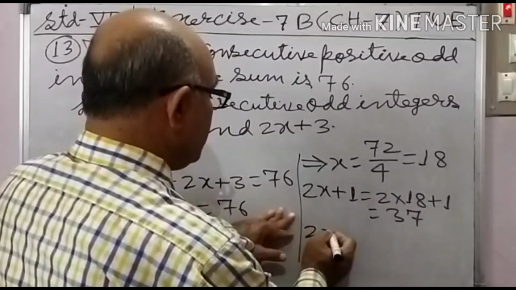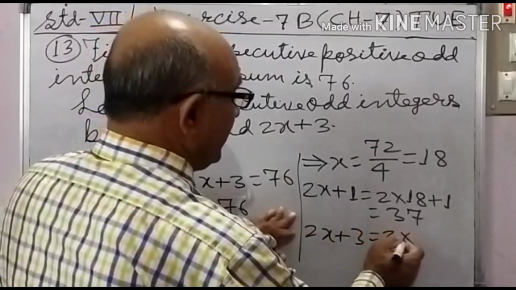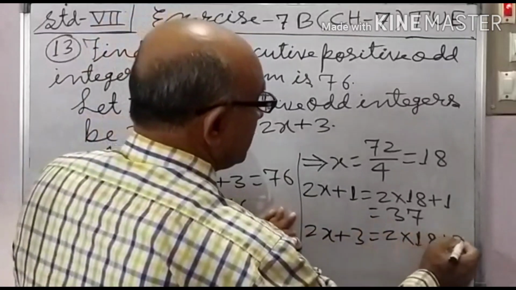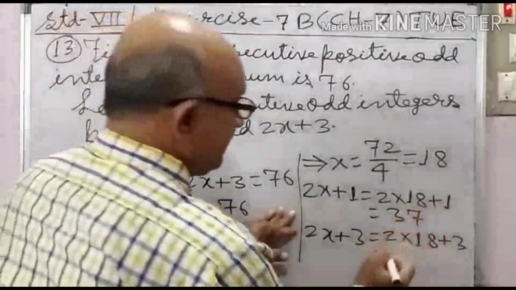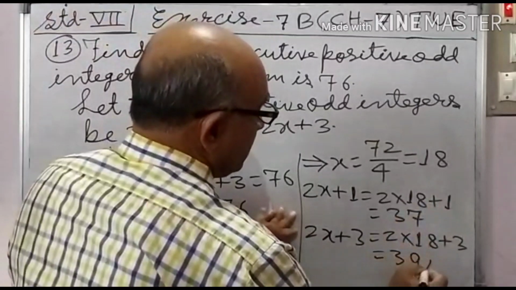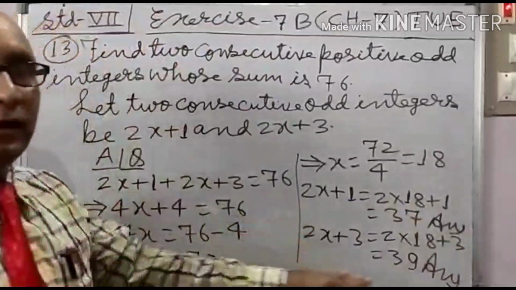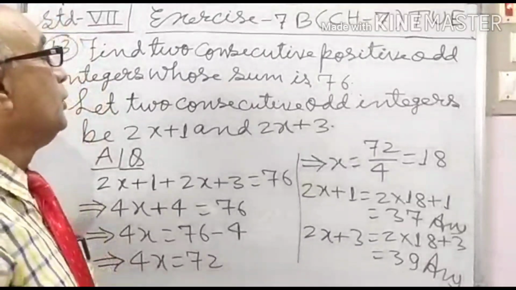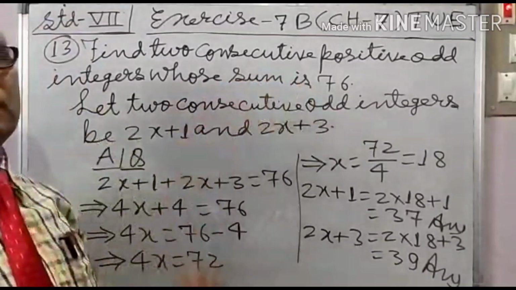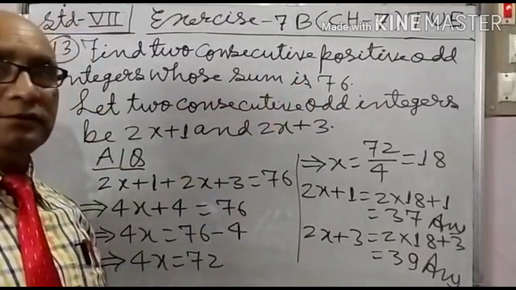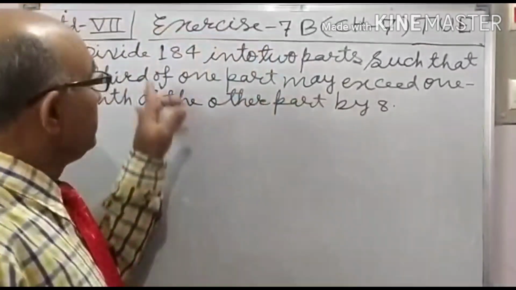And the next number is 2x plus 3 equal to 2 into 18 plus 3. 2 into 18 means 36, plus 3 is 39. This is the answer. So 37 and 39 are two consecutive positive odd integers whose sum is 76. Write it. Students, next question is question number 15.